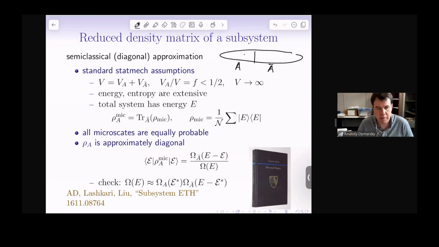So basically I have the volume of subsystem A and the volume of its complement. The fraction I will keep fixed, and I will take the volume to be very large, the standard approximations. And then I will say that my full system has total energy E, and that is fixed.